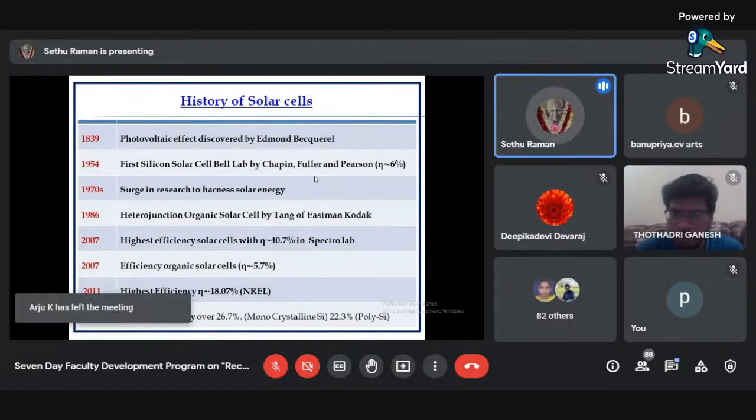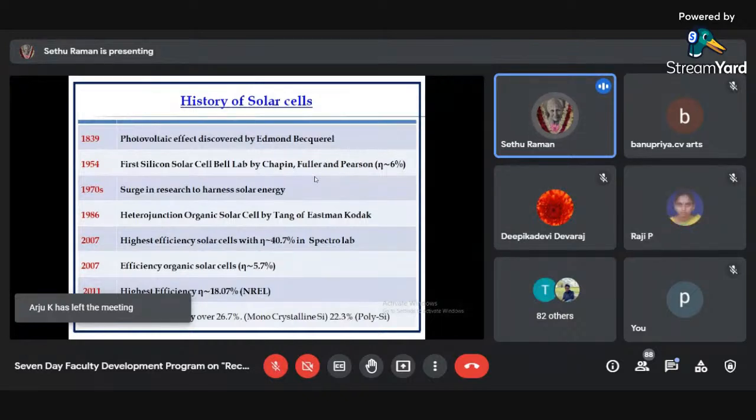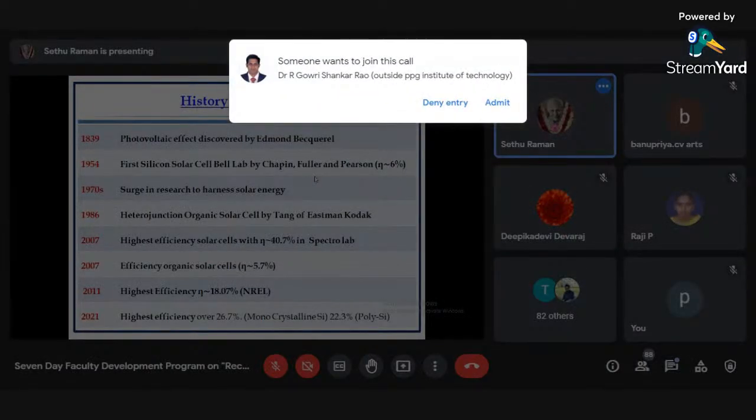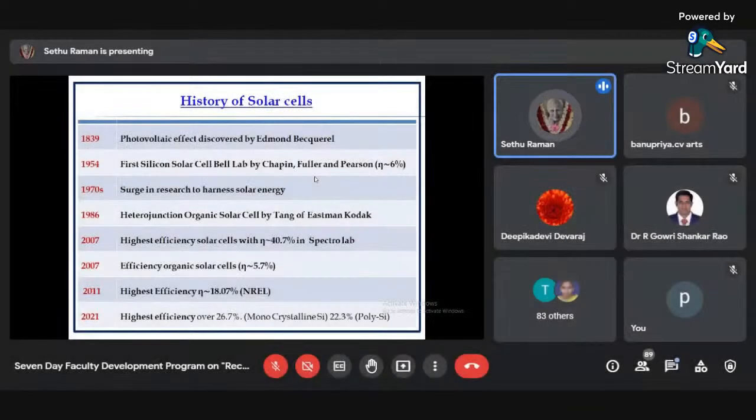For organic solar cells, they achieved 5.7% in the year 2007. But recently they have improved it to nearly 19% efficiency, from NREL, in 2021.